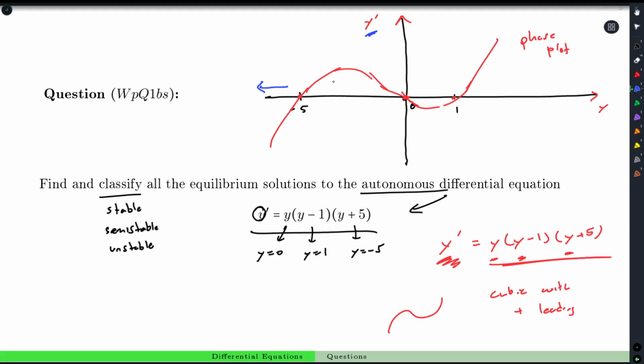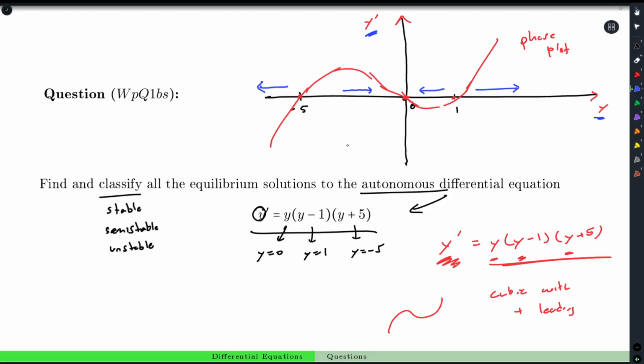Anytime we're above the horizontal axis, then the y prime has a positive value, and so we should expect the y values of our function to be increasing, which means moving to the right. Right? Y value is getting bigger. Well, here's our y-axis, so we move to the right. That's how we increase. So again, we're below here, so we move to the left, and then above, we go here.